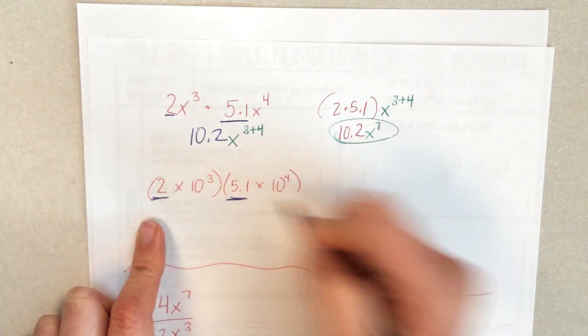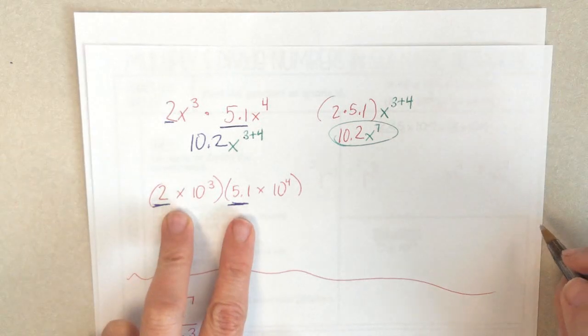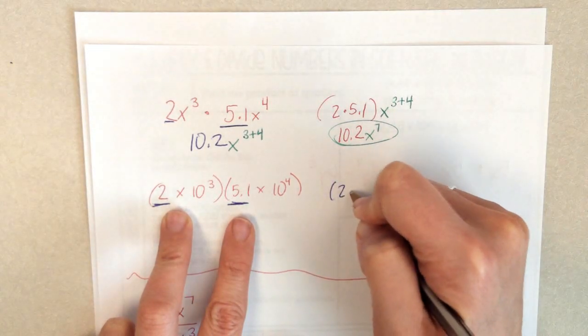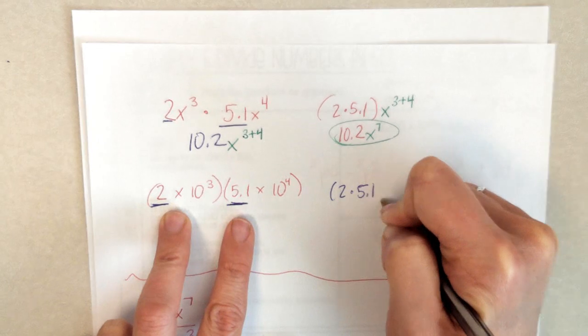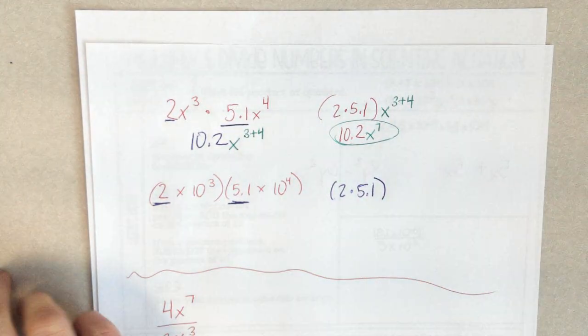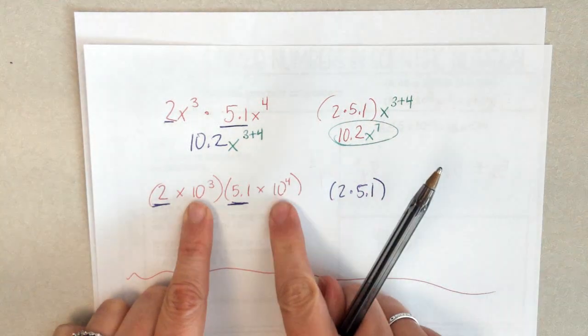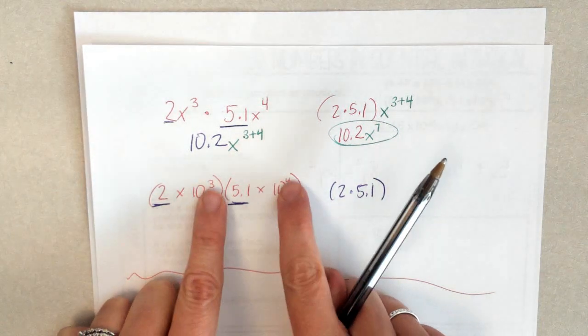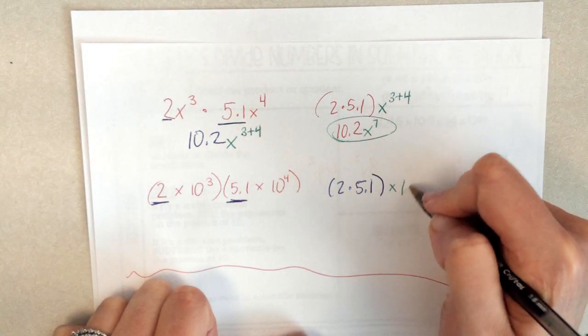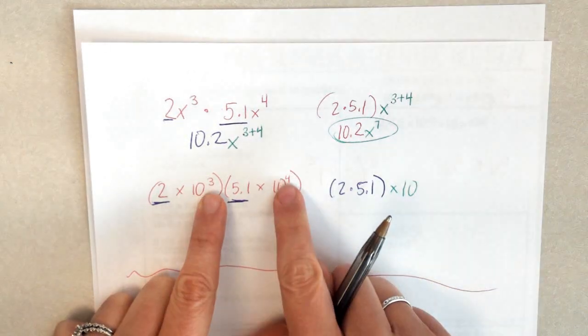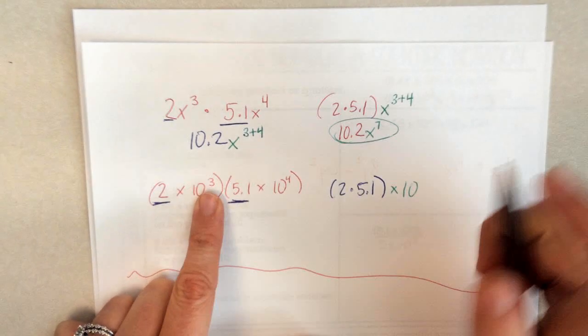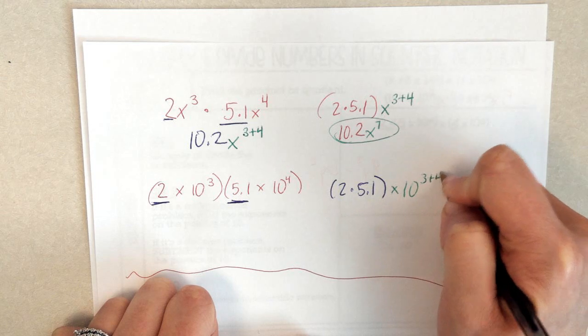We are going to take our factors and we are going to multiply them. And then before, when we kept our base, this is really like our base today, that times 10 to a power. So we're going to keep our times 10, and then just like before, because we were multiplying, we're going to add those exponents, 3 plus 4.